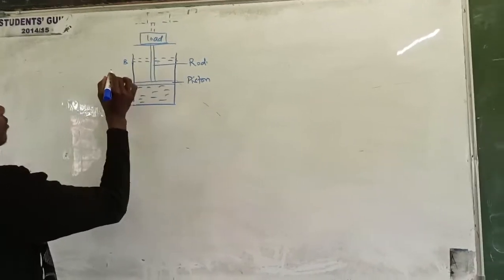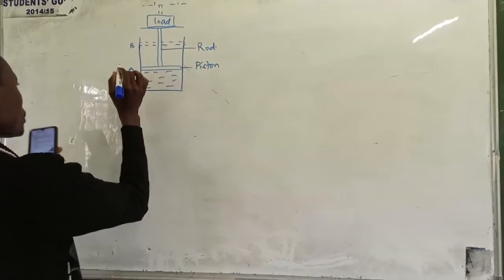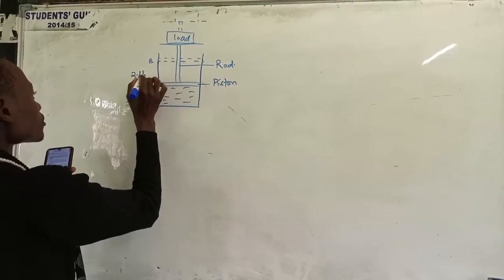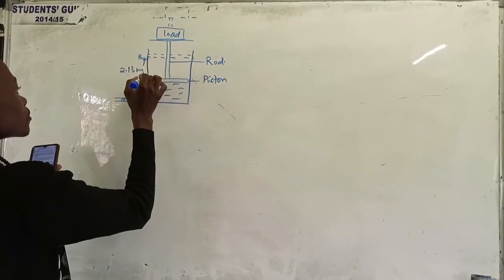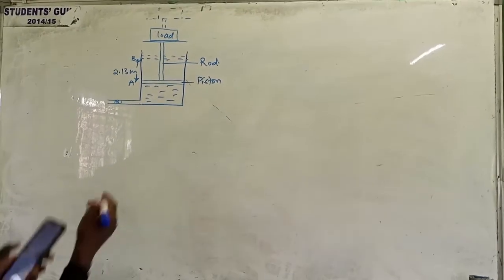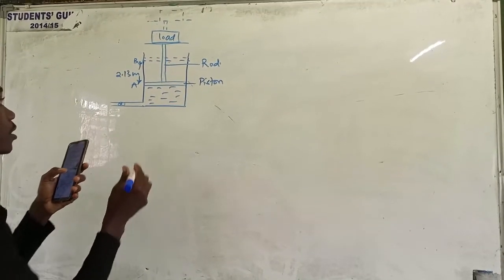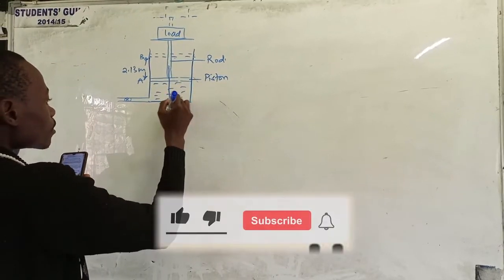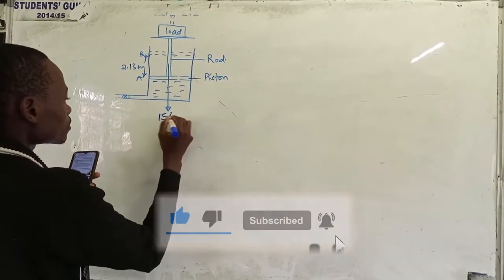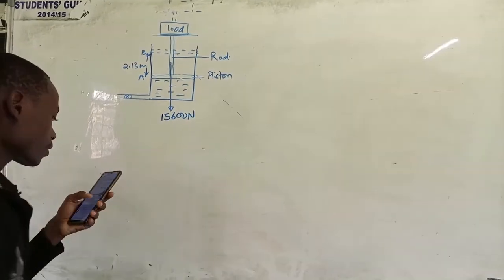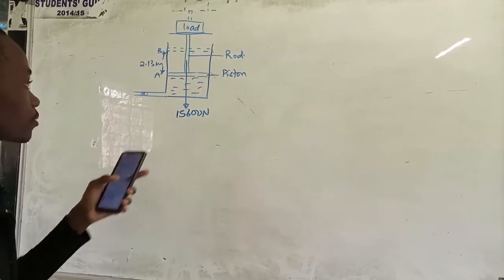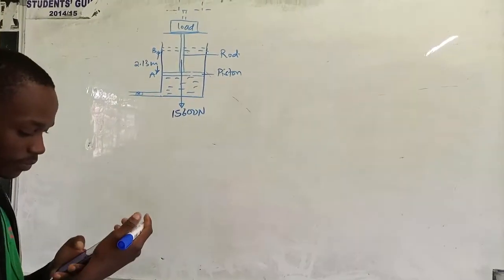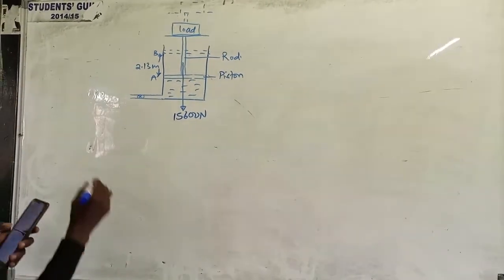And the distance traveled is 2.13 meters. The load, we've been told, is 15,600 newtons. And we've been given the diameters. So the first part requires us to find the work done.